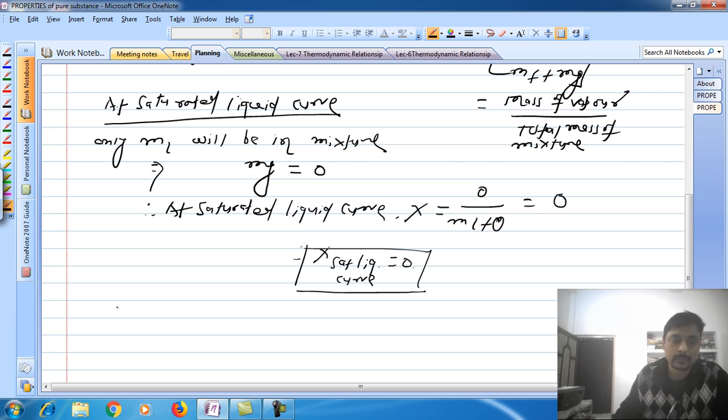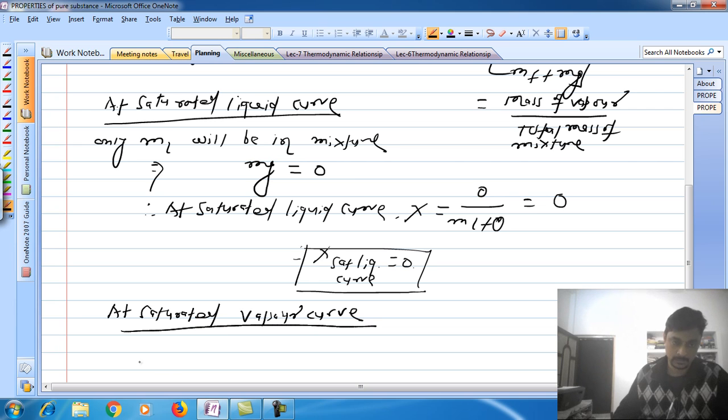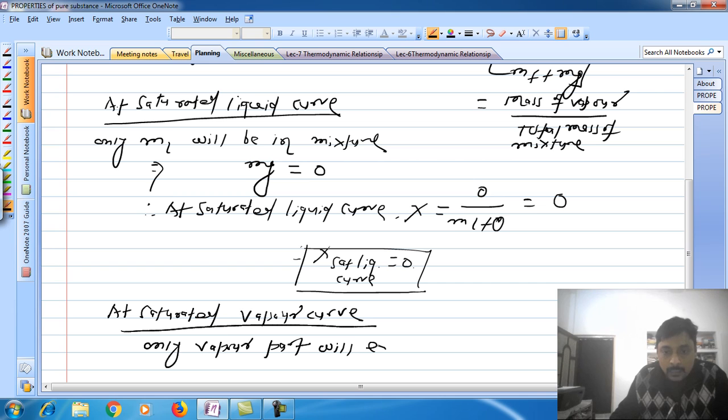That means at the saturated vapor curve, only the vapor part will exist.